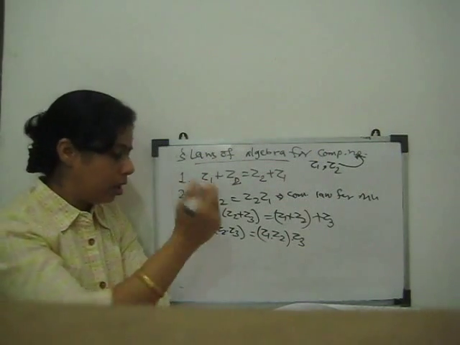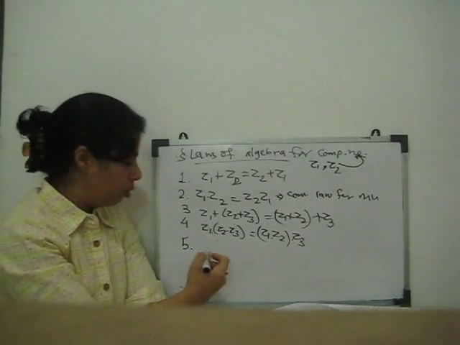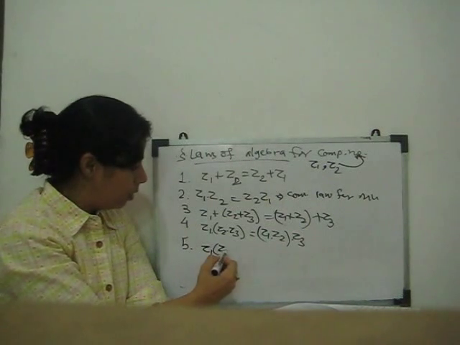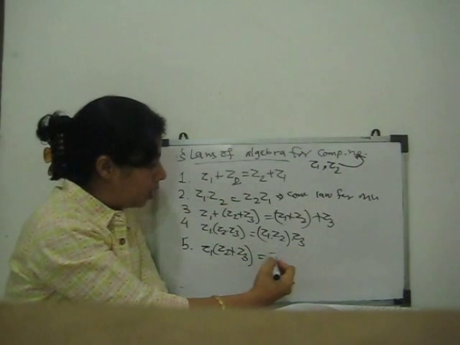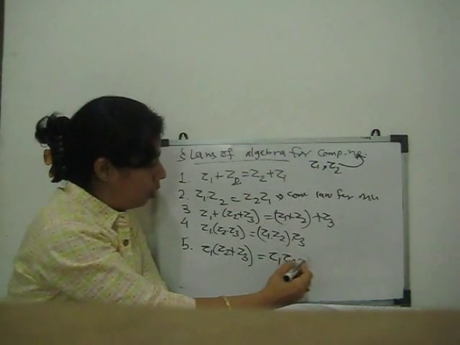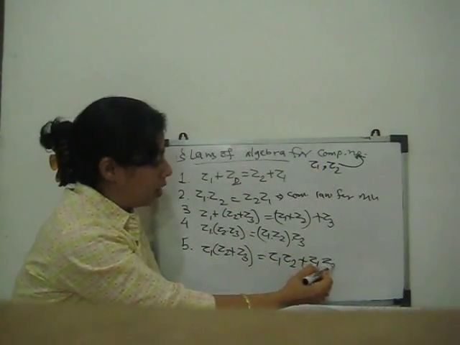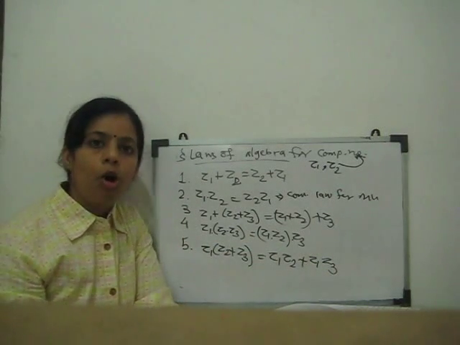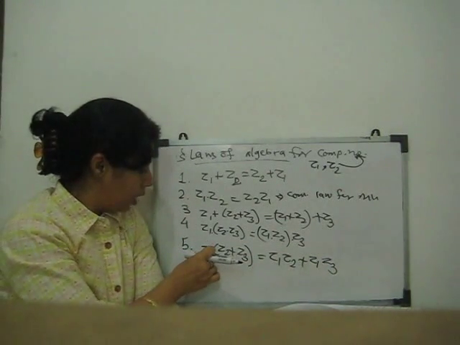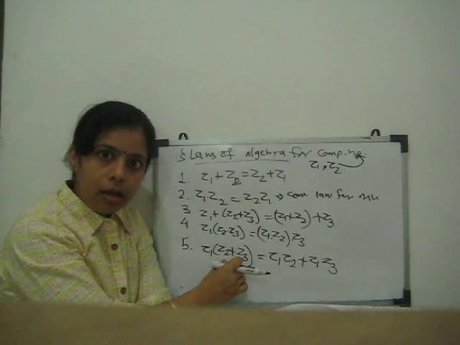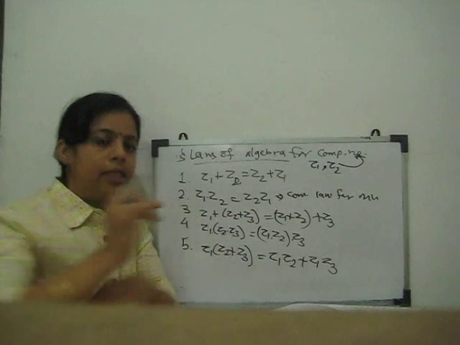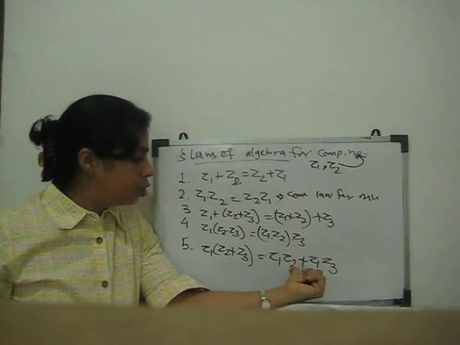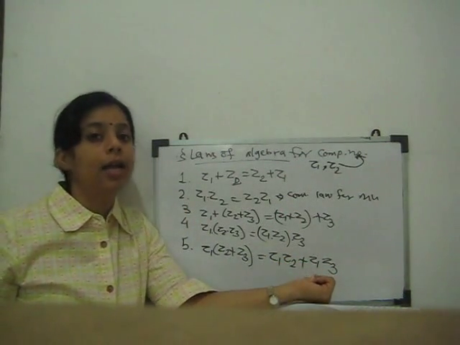Next, the last one is the distributive law. The law combining addition and multiplication is z1 (z2 plus z3) equals z1 z2 plus z1 z3. This is the distributive law in algebra. If we have z1, we add these two numbers and multiply with this number, it is the same as multiplying z1 with each of these two numbers and adding them.